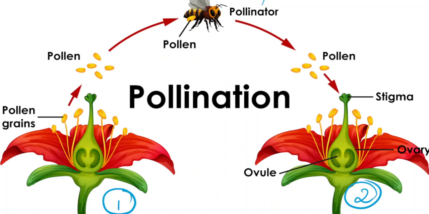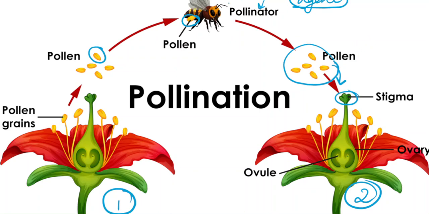This agent helps to carry pollen, and it will release it on the stigma. The pollens have reached here and will fall on the stigma. So the process of taking pollen from one flower to another is known as pollination.